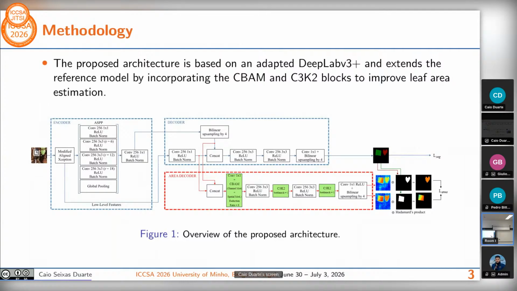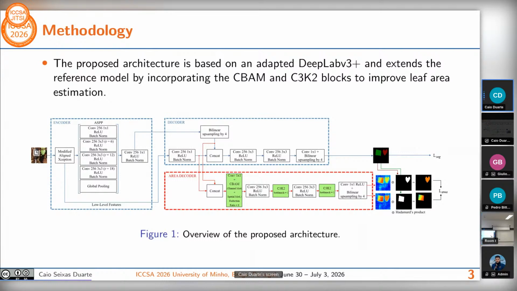So the question is, how did you integrate CBAM and C3K2 with your overall architecture? How was this integration done?